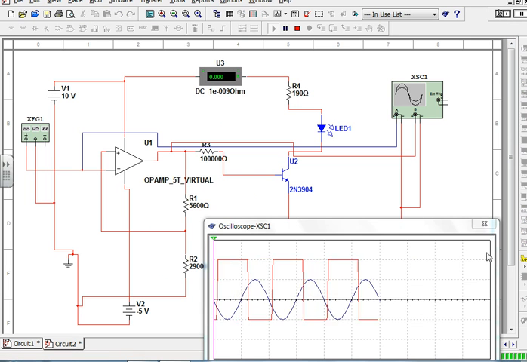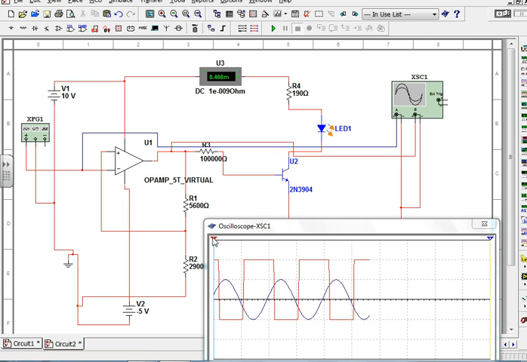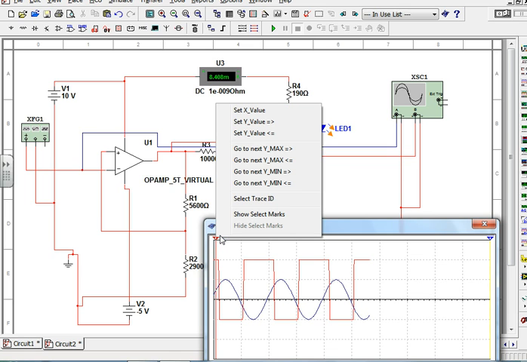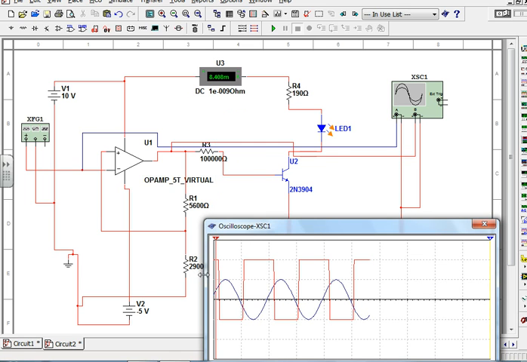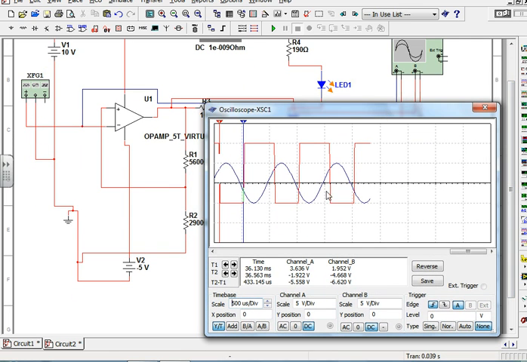Turn it on. I still flash. Where do I come on? Okay, so there's my upper trip point. There's my lower trip point, and if we could see what it was, 1.9 and 1.9.